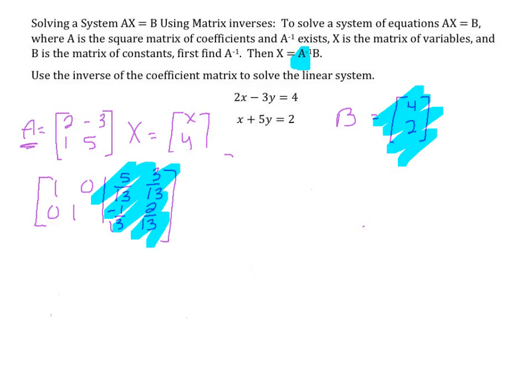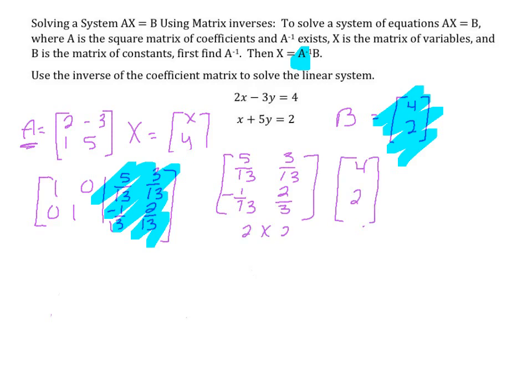So we're going to take 5/13, 3/13, and we'll multiply it by 4, 2. So we have a 2 by 2 matrix, and we're multiplying it by a 2 by 1 matrix. These match, so we're going to end up with an answer of a 2 by 1.